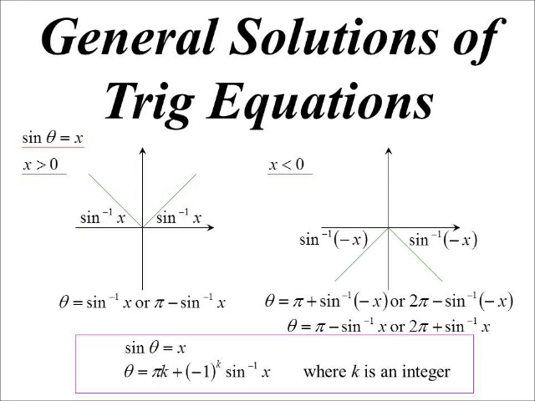The next solution is 2 pi plus inverse sine of x. And so the inverse sine will alternate. So to take into account that, in front of the inverse sine x, I put negative 1 to the power of k. And so that way when k is odd, it'll be minus, and when k is even, it'll be positive. And so there's my general solution for inverse sine.